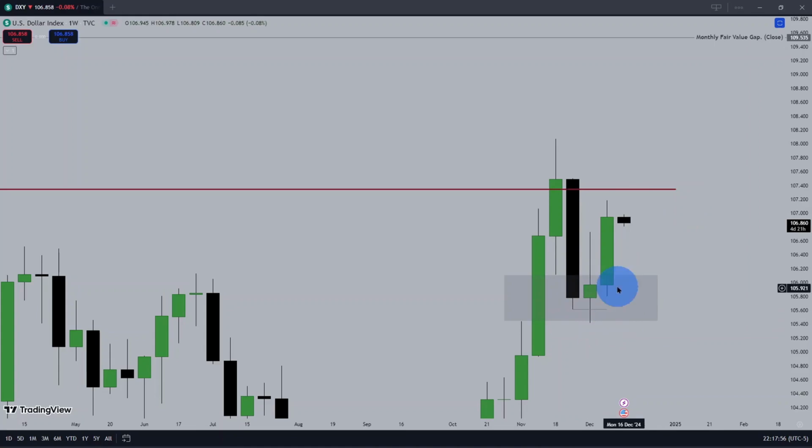We have a swing low here, and when a swing low forms, what we want to see is for this candle to draw into the previous week's high.